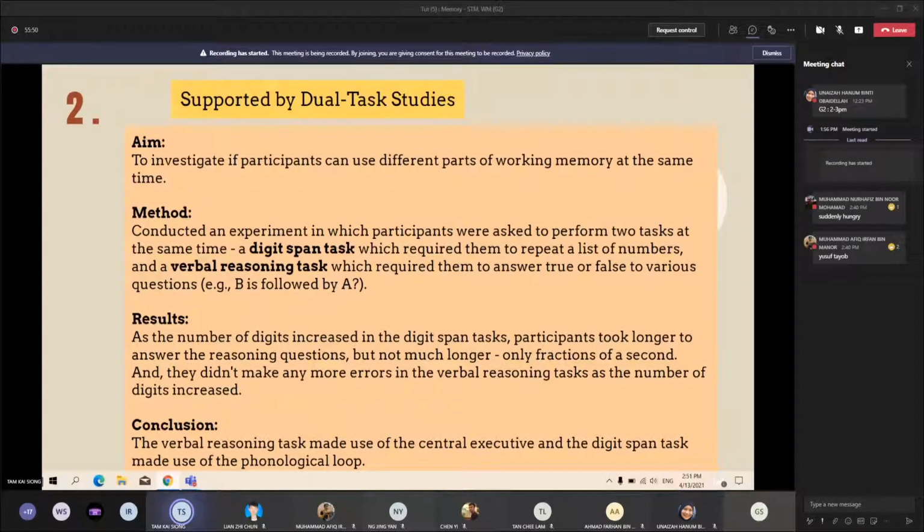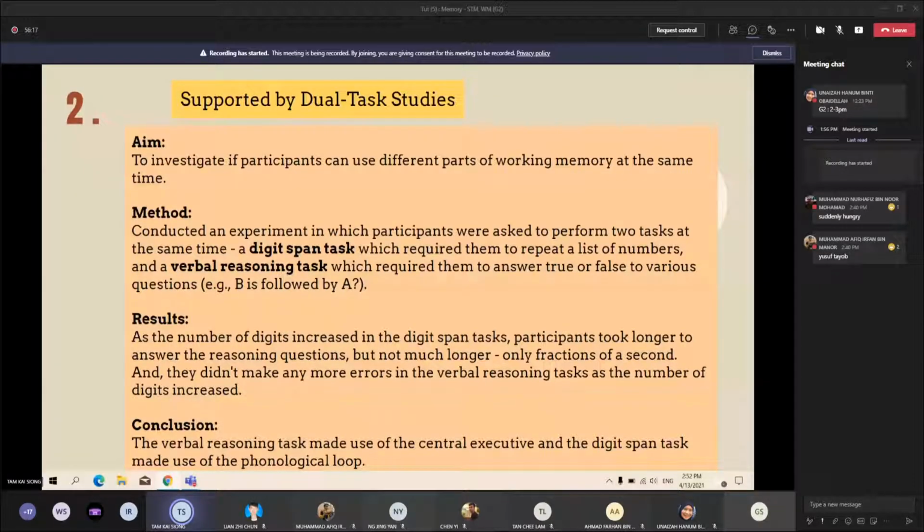The second task is a verbal listening task, which requires them to answer true or false to various simple questions. The result is that as the number of digits increased in the digit span task, participants took longer to answer the listening questions, but not much longer, only a fraction of a second. And they did not make any more errors in the verbal listening task as the number of digits increased.